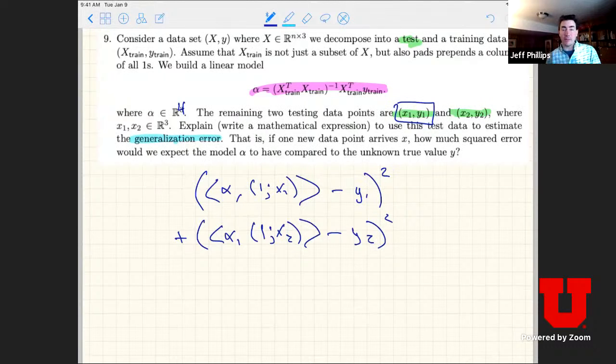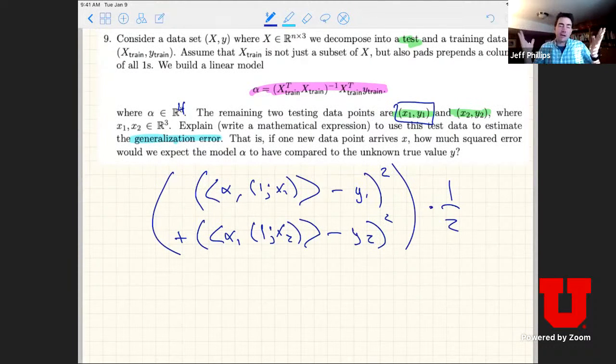So this is the sum of squared errors, but I want to predict it on one data point, so I want to divide by 2. I'm going to add these 2 together, take the average. This is the average of the squared error on the 2 data points. And I'm getting a central limit theorem here again. So I'm getting a better estimate by averaging 2 things together. In general, I could be an average of n things together.